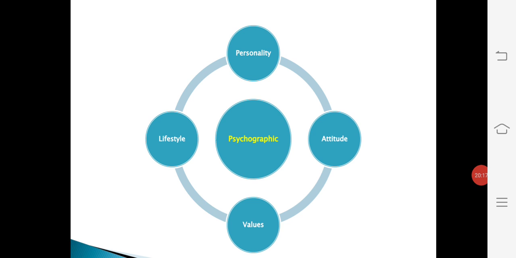Values are like ethical values, emotional values, moral values, religious values, etc. So you see, the values of people are different depending upon the personality of people. There are some people who give very high value to emotional areas, people of high emotional values.